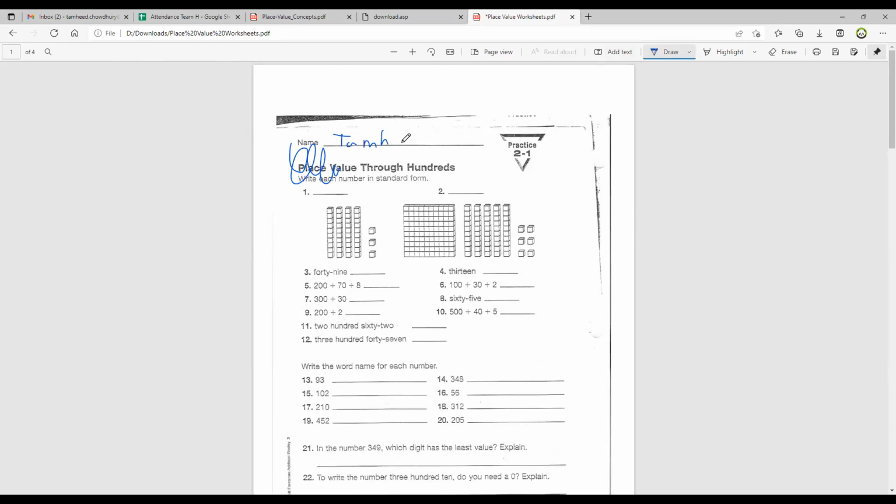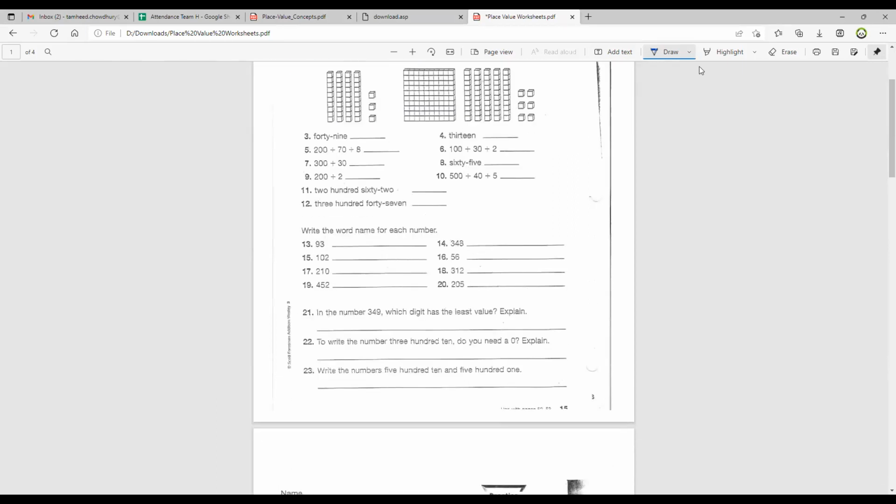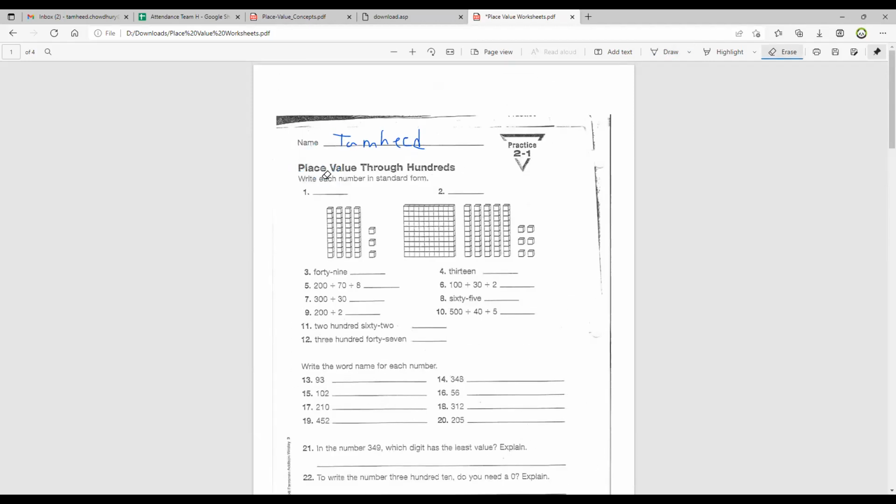Sorry, let me complete it. I will remove it again. Wait. Erase. Okay. You can write like this, and you can add text like this. So that's why it's convenient sometimes, as I told you guys, I think. Where's the reverse button? I don't see it. Okay, never mind.